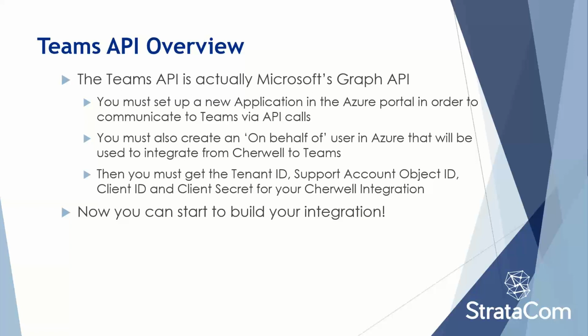Most on-prem systems, you'll be able to send information to Teams, no problem. If you're on premise, you may have difficulty sending information back from Teams to your on-premise. You'll need a firewall route in order for Teams to communicate back to Cherwell. But you should be able to go out to Teams, no problem, as long as your system has internet access.